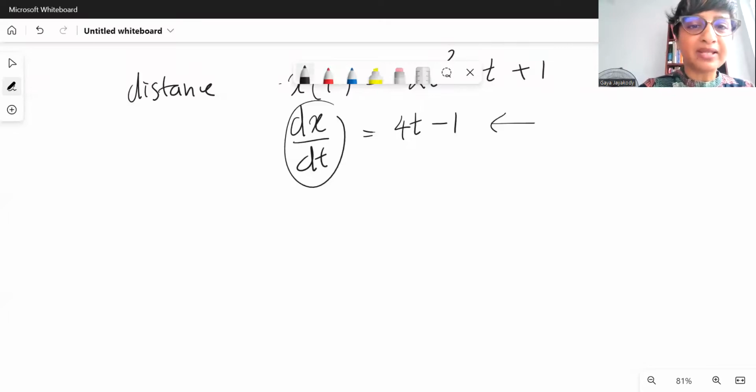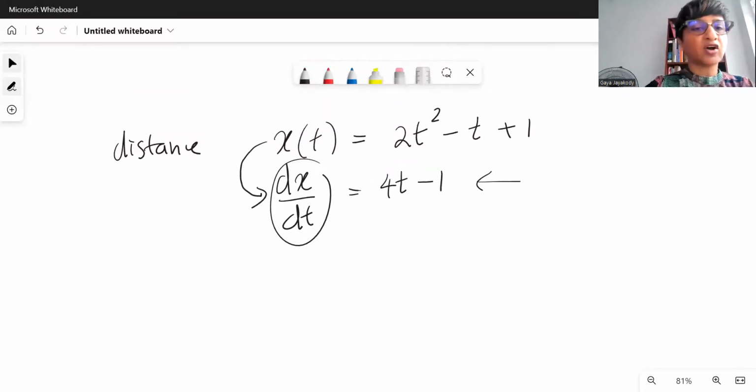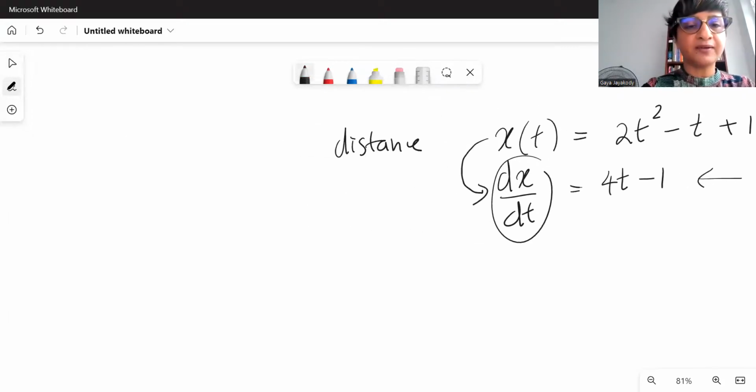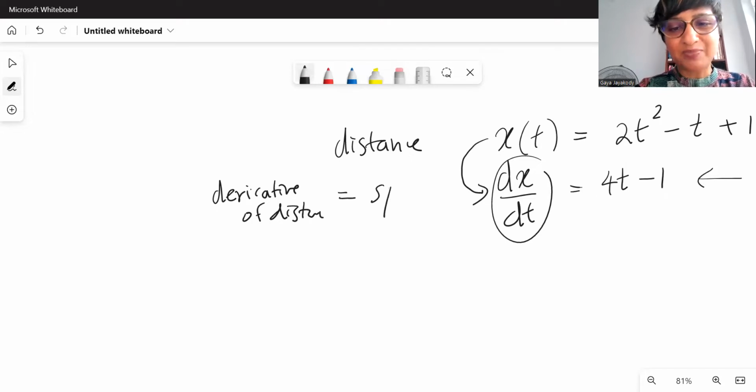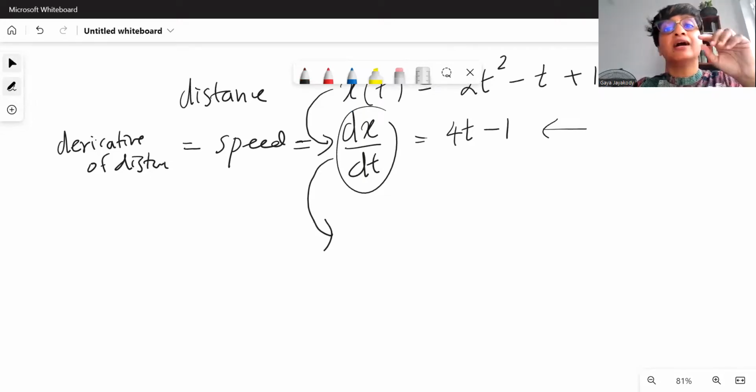Now, I have differentiated my distance function and got the derivative of distance, which is speed. If I differentiate this again, what is the derivative of speed?